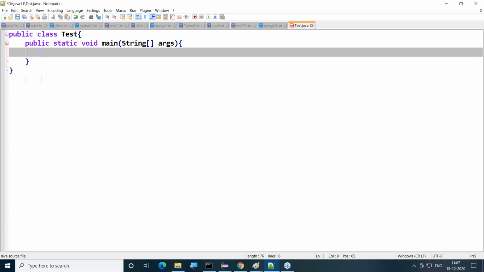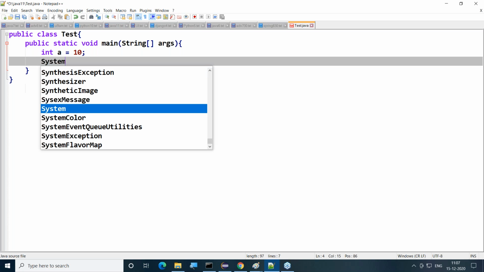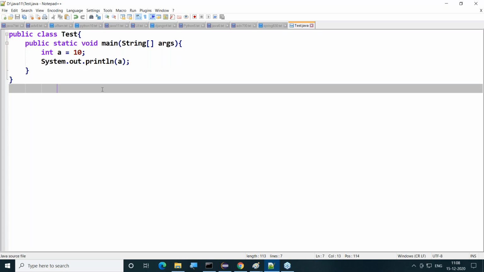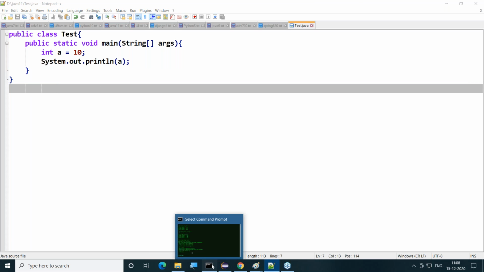Now here I will provide int a is equal to 10, guys. Now tell me, I'm asking you, which number system is this number? Is it a decimal number or octal number or binary number? It's a decimal number only. It's not any other one. It is a decimal number only, guys. Observe this clearly. Now let me compile and execute this.